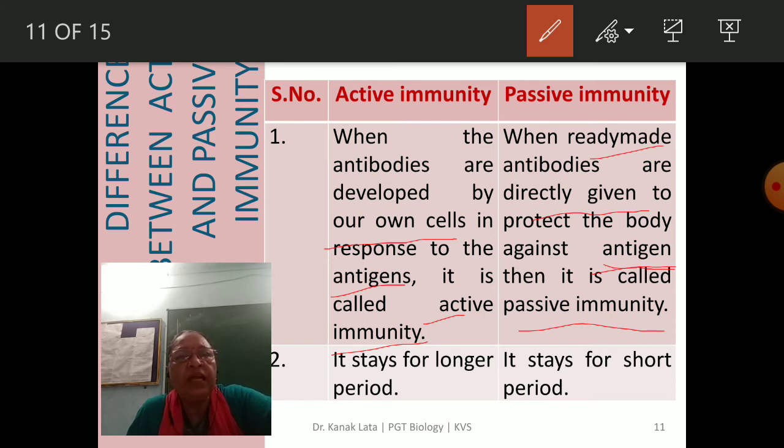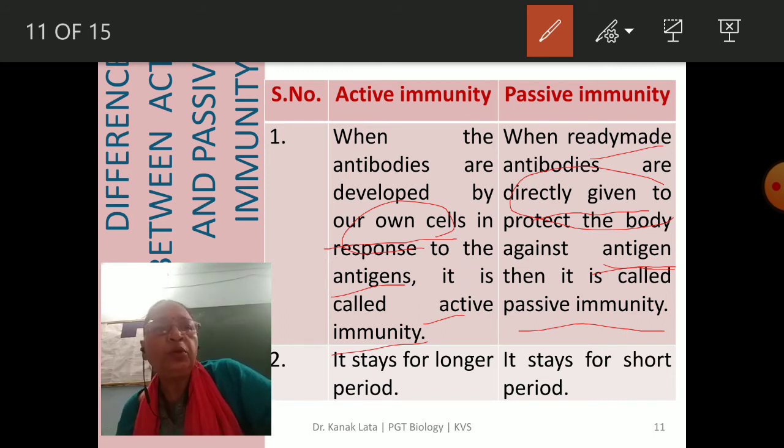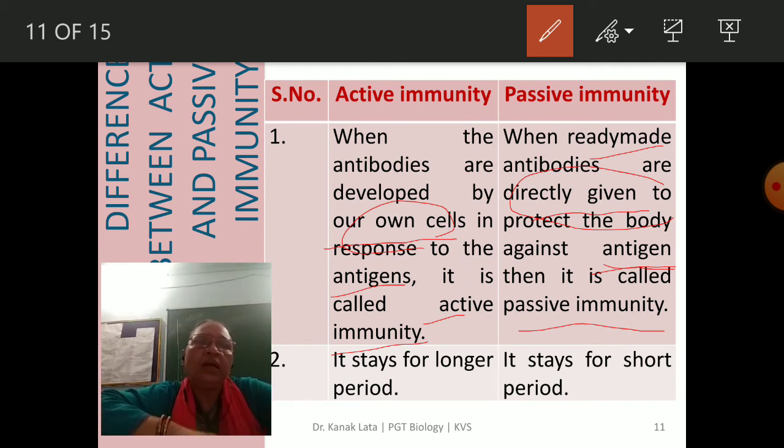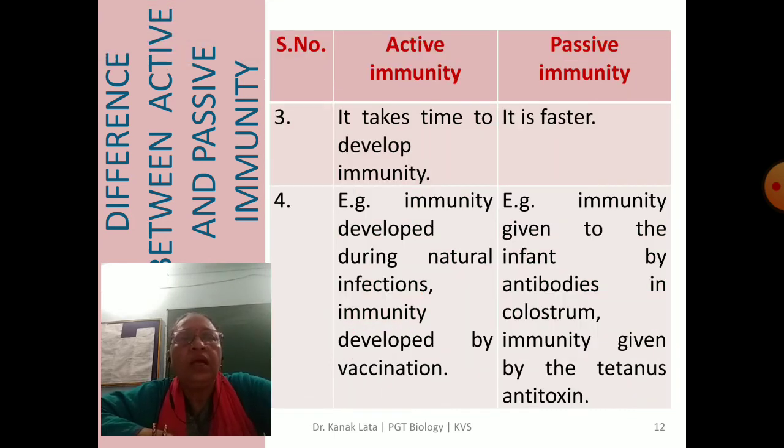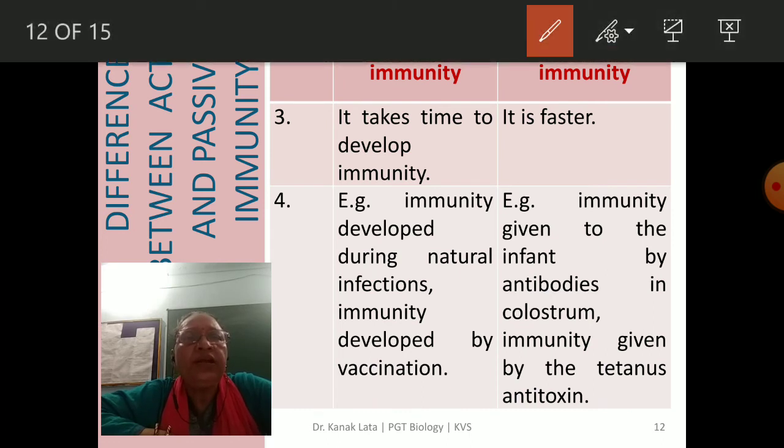Active immunity stays for a longer period, but passive immunity stays for a shorter period. Active immunity takes time to develop, and passive immunity is faster. This difference is always asked in exams, so go through it nicely.